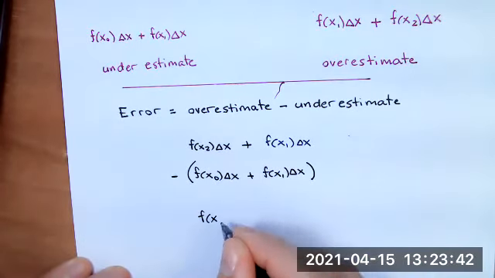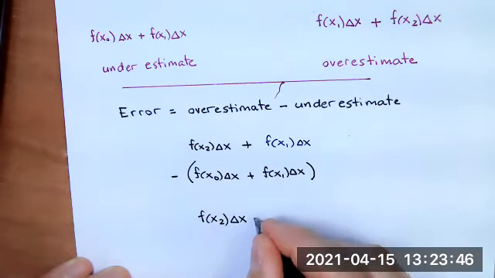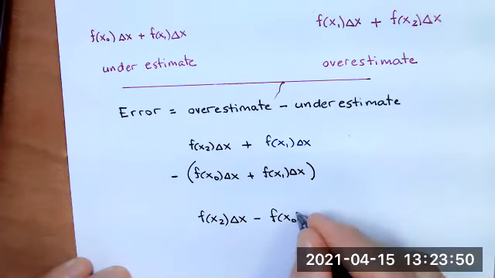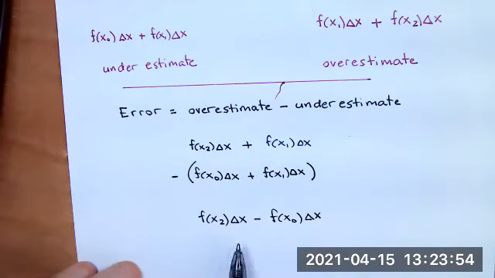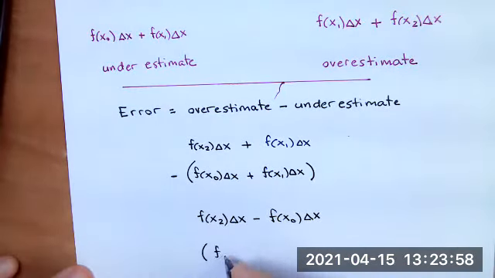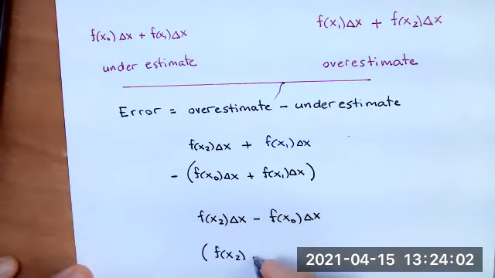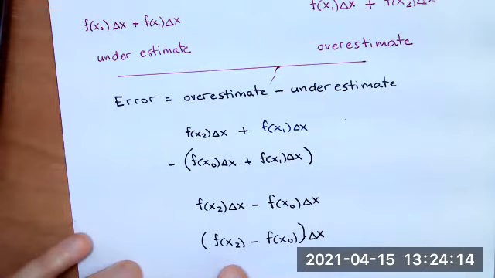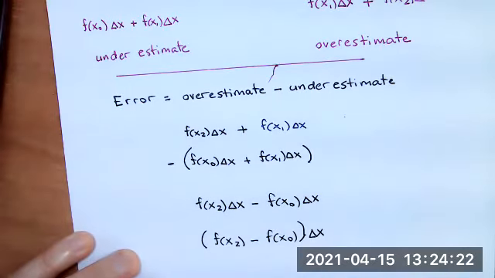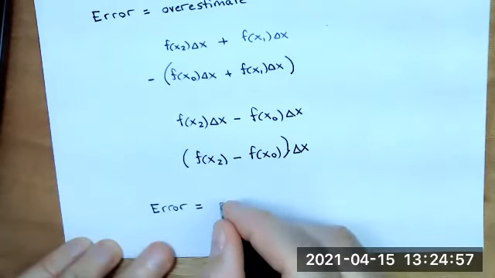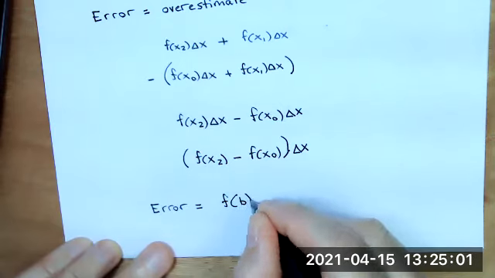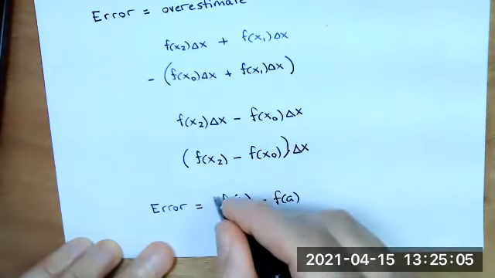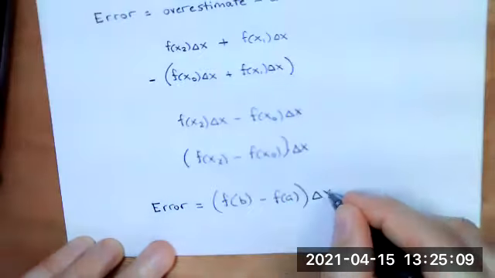We get f of x2 minus, if we factor out the delta x, and it turns out this is our B, that's our A. That's f of B minus f of A times the size of the interval.